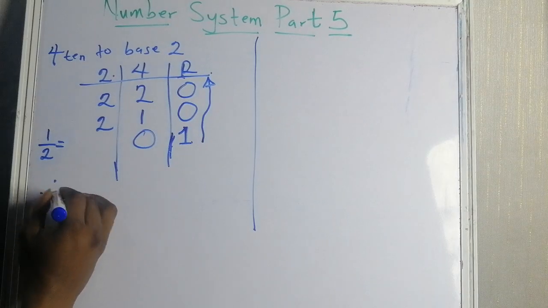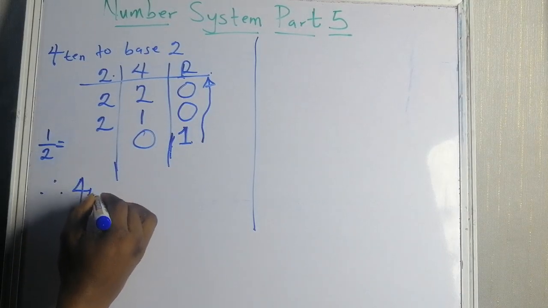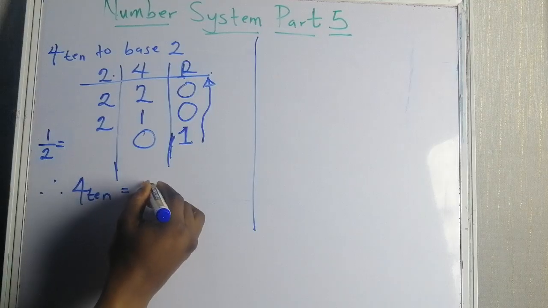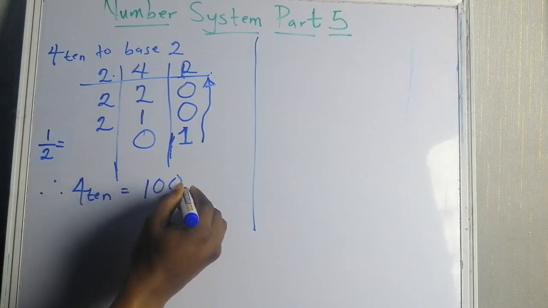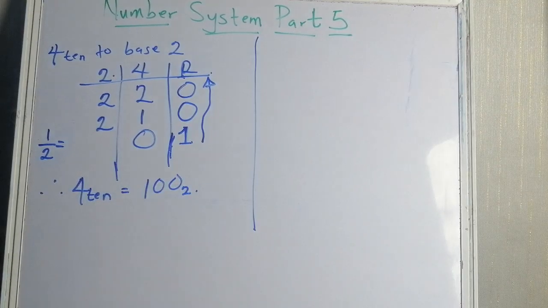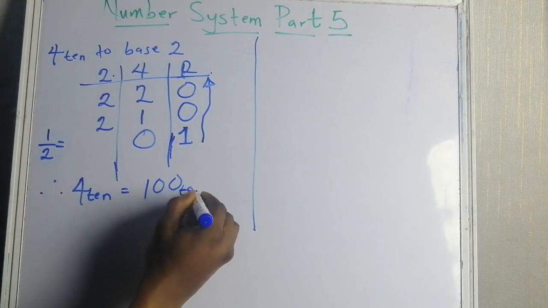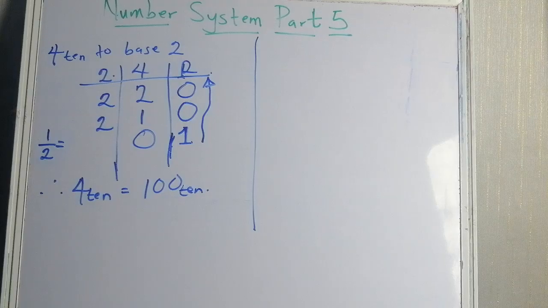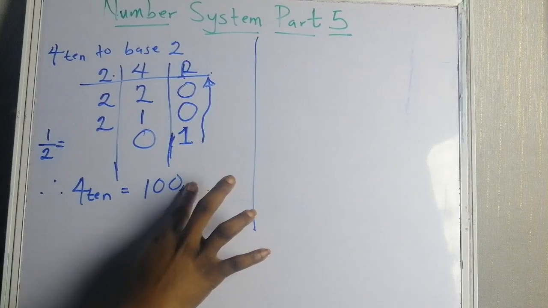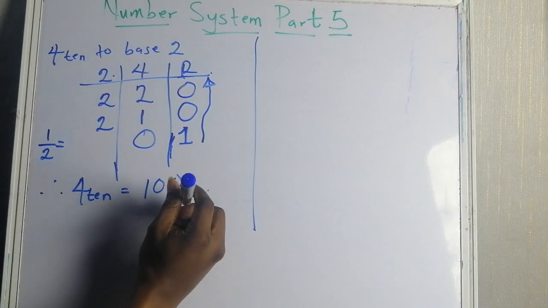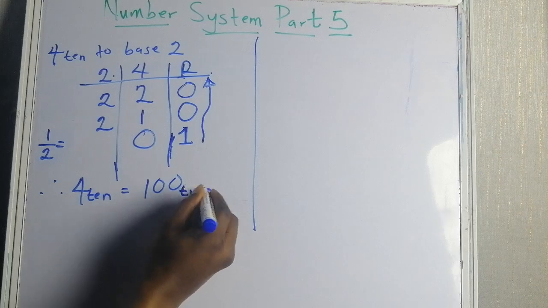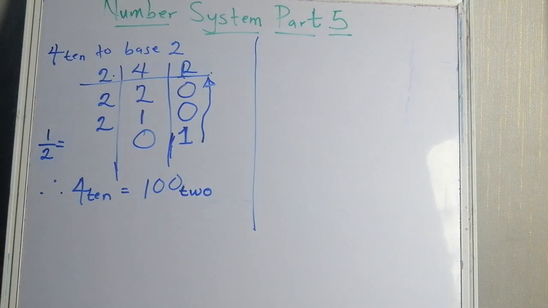So therefore, 4 base 10 is equal to 100 in base 2. It can be in figure, it can be in word. Sorry, this is base 2. So 4 base 10 is equal to 100 in base 2.